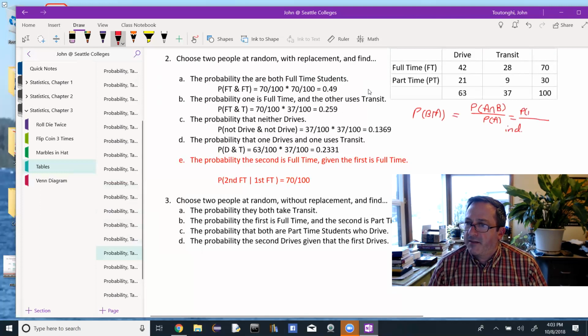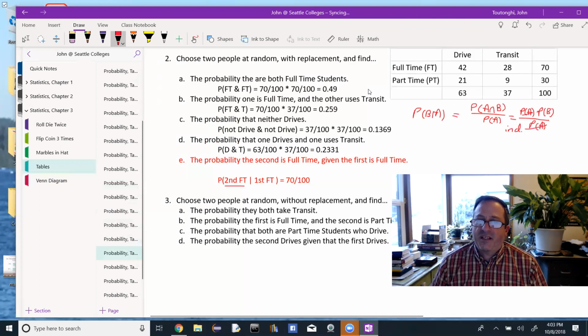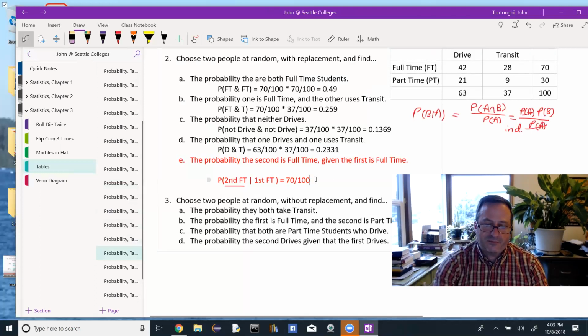So that's the probability of A times the probability of B. And you can see, just like in the previous video, the probabilities of A cancel out and we just get the probability of B. So in this case, B is the event of the second one being full time, and the probability of that is 70 out of 100. And that's a little tricky. So that's kind of where people need probably a little more understanding, or where the concepts get a little harder.